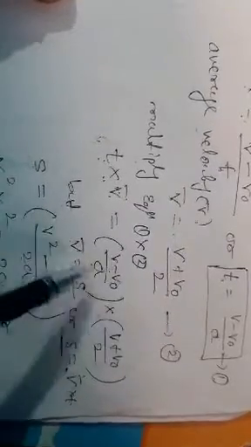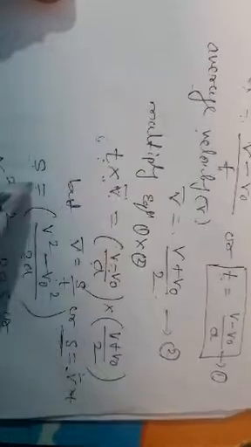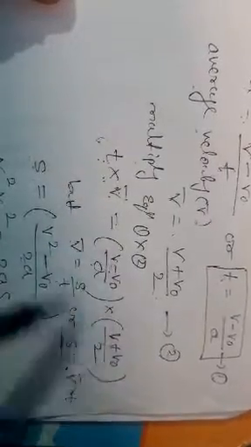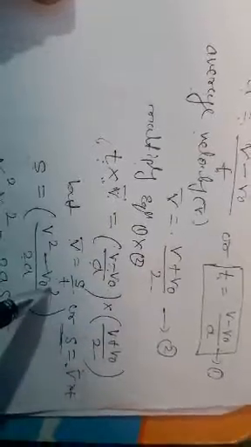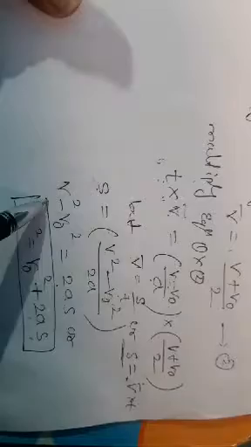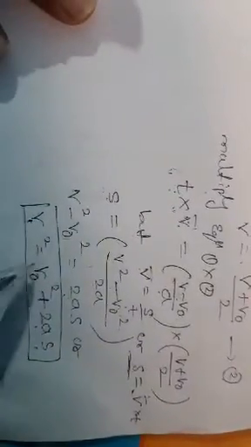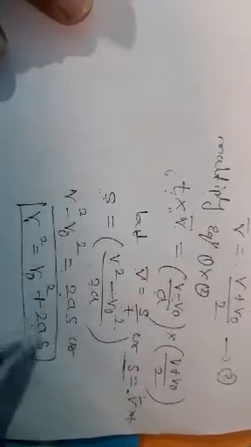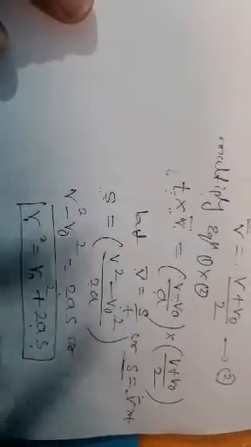So S is equal to V into V, which is V square, minus into plus is minus, V0 into V0 is V0 square, divided by 2a. Therefore V square minus V0 square is equal to 2aS, or V square is equal to V0 square plus 2aS. This is the kinematic third equation along a straight line.